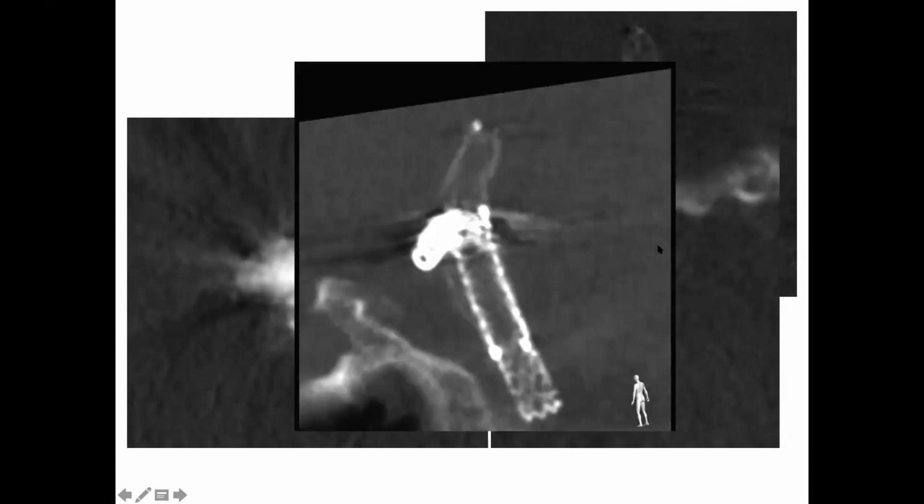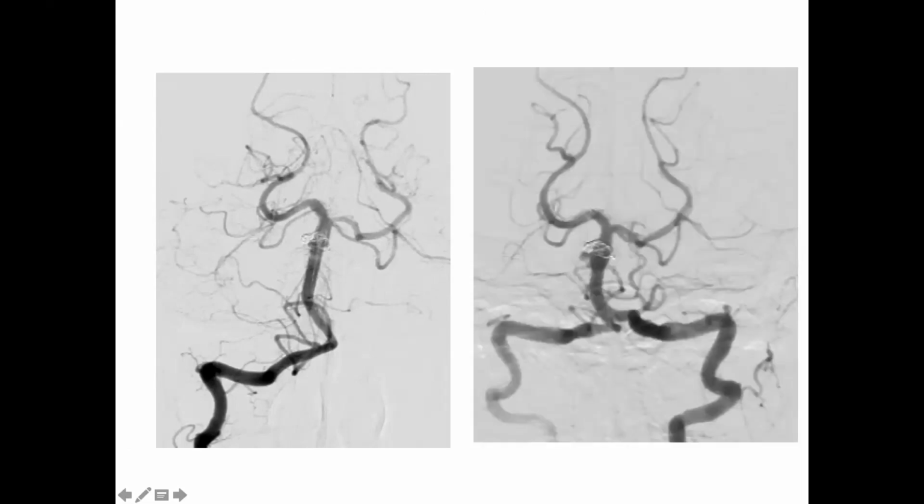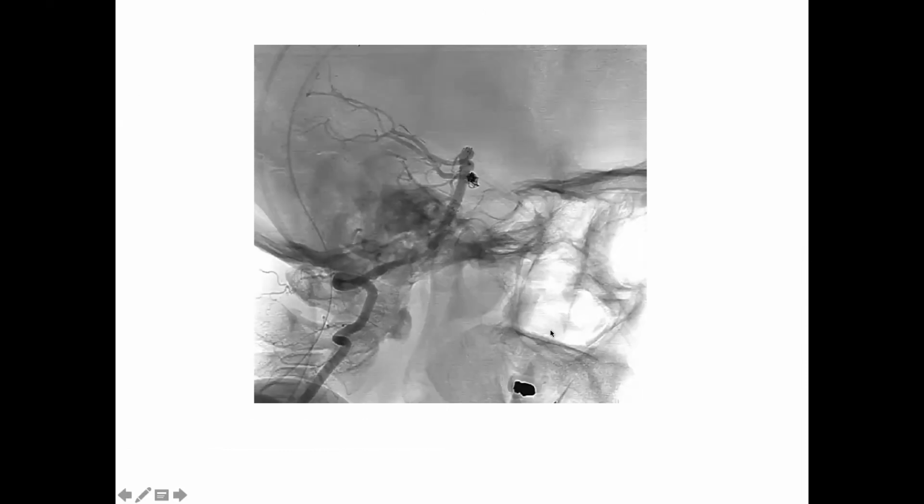Axial reconstruction, lateral reconstruction. Lateral and axial. This is the angio control with the endoluminal reconstruction of the basilar dissecting aneurysm. This is to look at the flow. What happened with the flow?